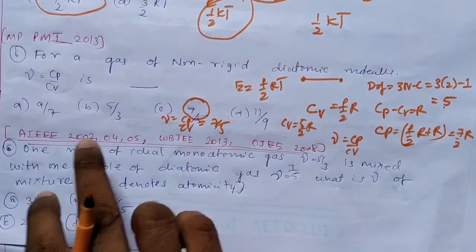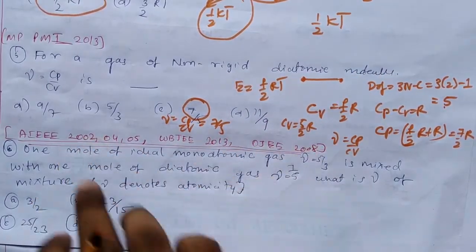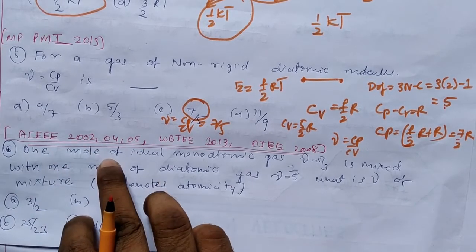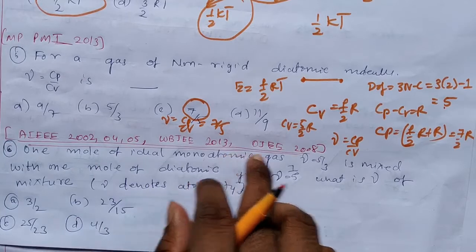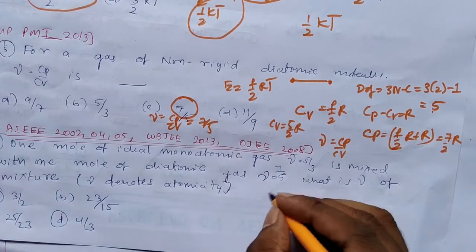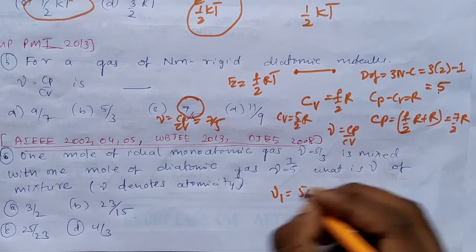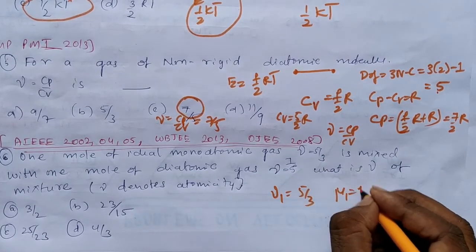Next, one more question asked in various exams. It is very important. 1 mole of an ideal monoatomic gas, nu is equal to 5 by 3. First, the monoatomic gas atomicity is 5 by 3, and its quantity is 1 mole.